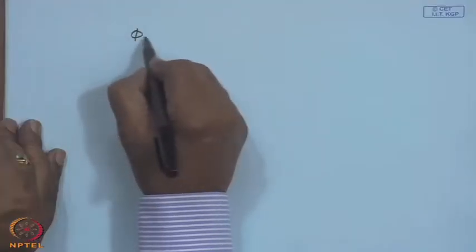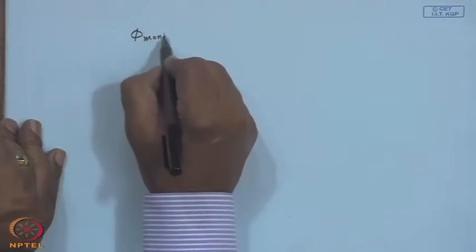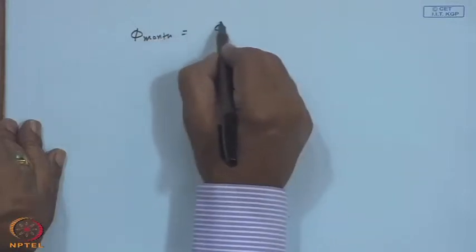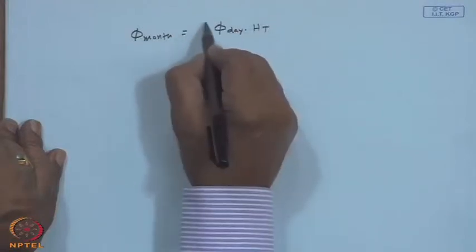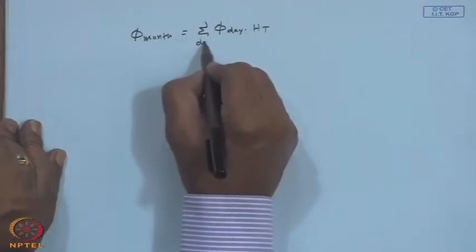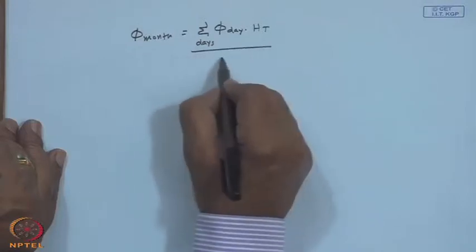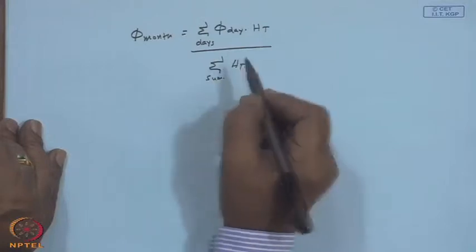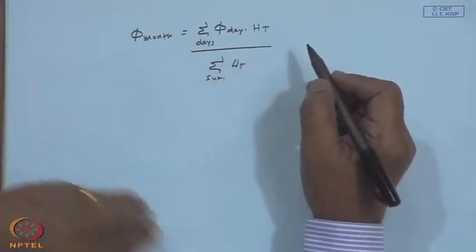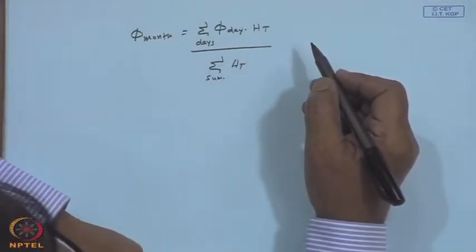So, this concept can be applied for a month. If you want it for a month, I can say that sum over the days of the solar radiation above critical by sum over the days of H T. This is a little easier way of conceiving the definition of utilizability.